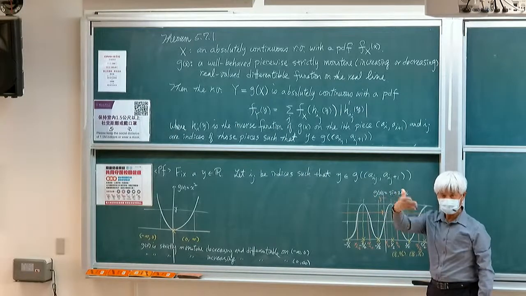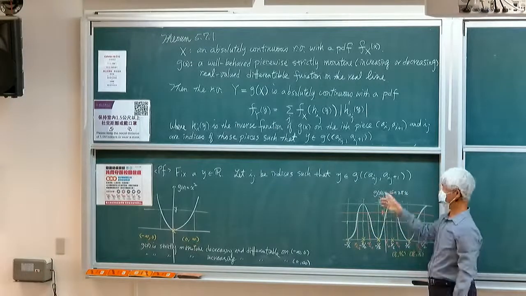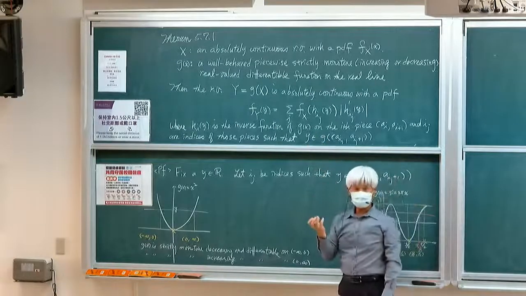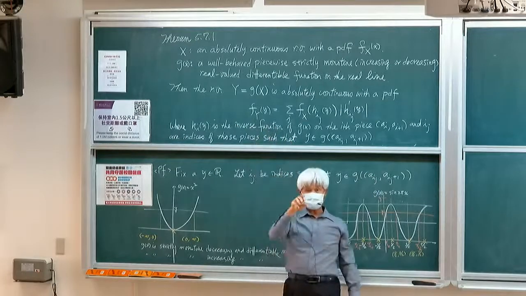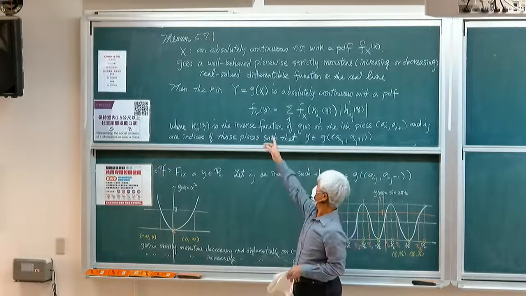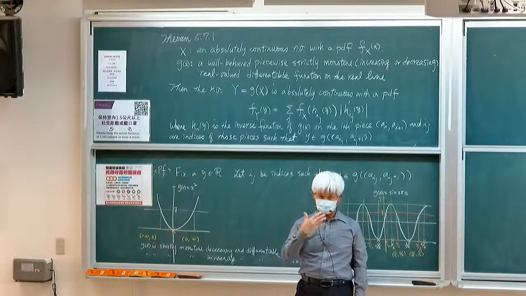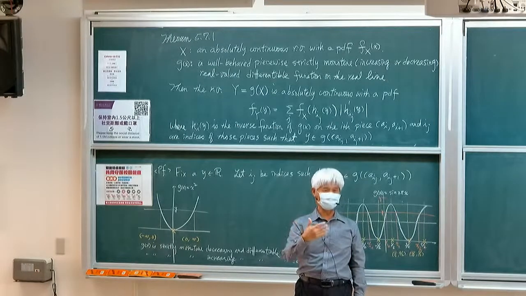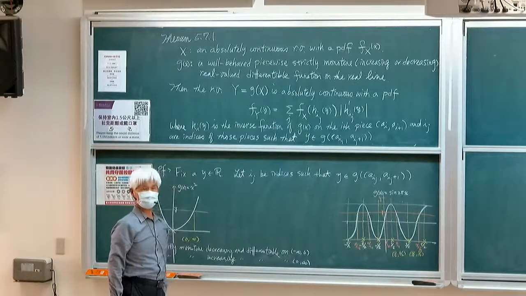And then there is no corresponding x, right? Because it's out of range. So the sum is an empty set. And so in that case, the density function at this y is 0, of course. So if this is an empty sum, the value is 0, by our understanding. Any further questions?